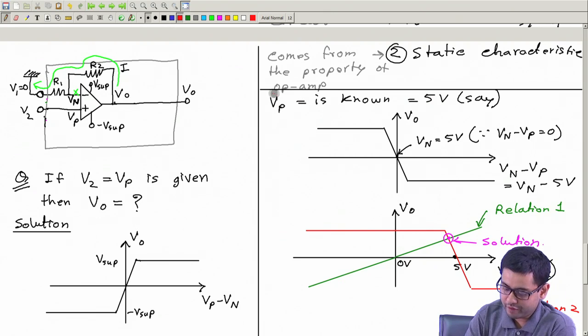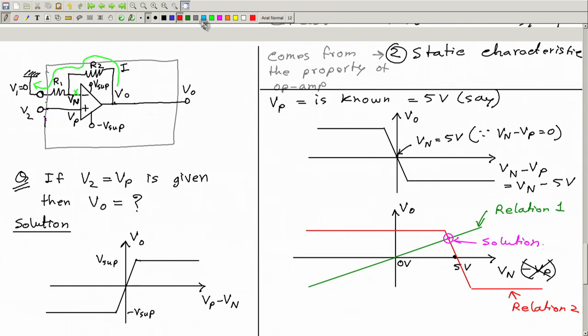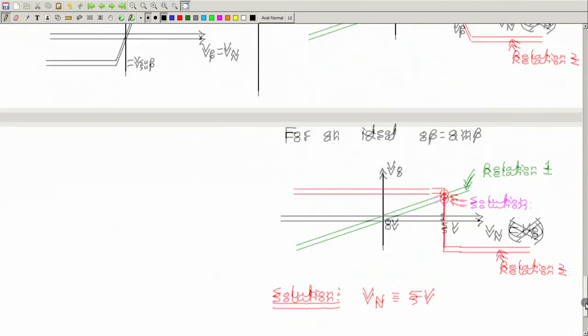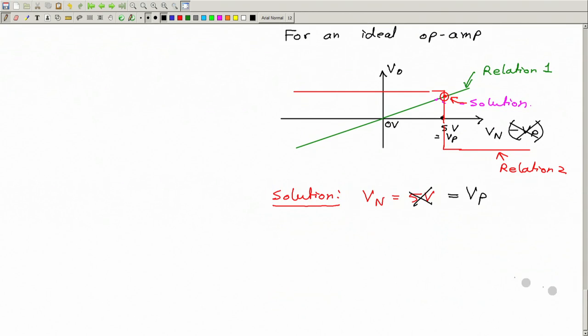If you had written a general value Vp, this would have been Vp only. 5 volt is just a specific example. In general, this is Vp. So the solution is that Vn is equal to Vp.